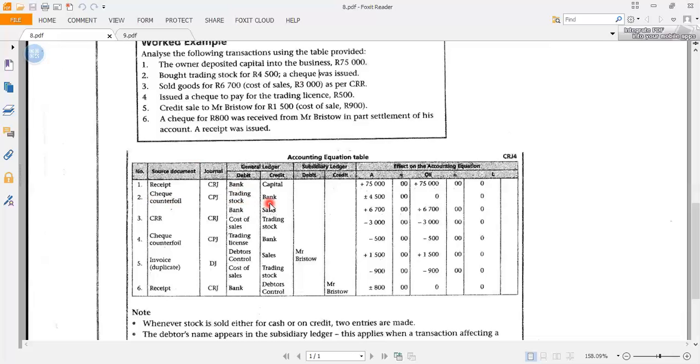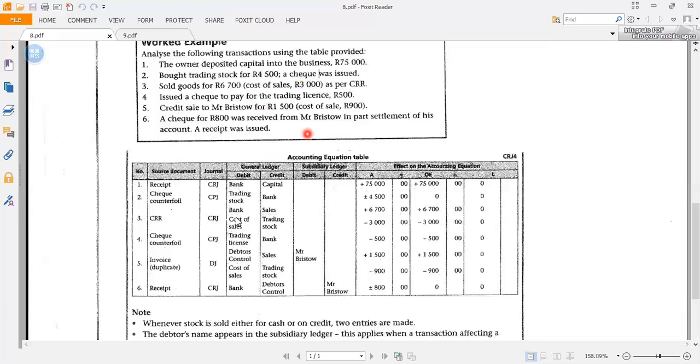What is the story behind this transaction? The business has bought trading stock for 4,500. What happened to the value of trading stock? It increased by 4,500. And trading stock is an asset, remember? And what happened to my bank account? My bank account is going to decrease. Why? Because we made payment out of it.